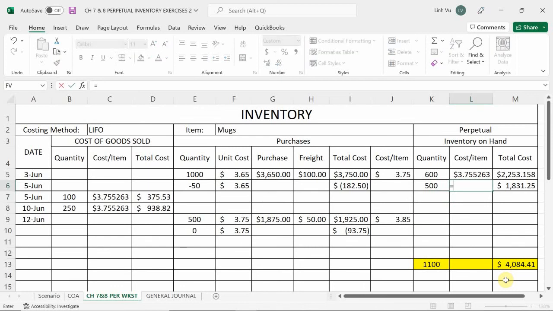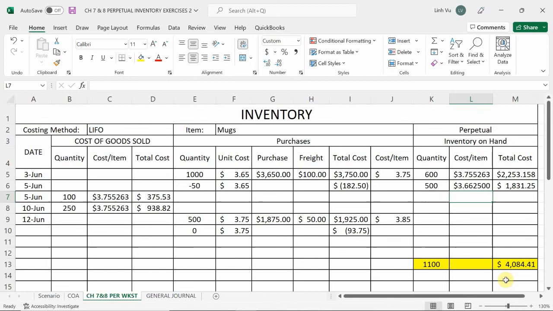What is my cost per item if it is 1831.25 and you're dividing it by 500 units? $3.66. $3.6625.